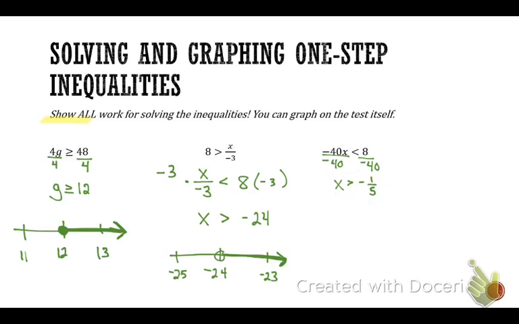Negative 1/5. All right, so on your test, you're going to see a number line that maybe isn't made of whole numbers. Maybe it's made of halves, or maybe it goes 0, 1/2, 1, and 1.5 type thing.